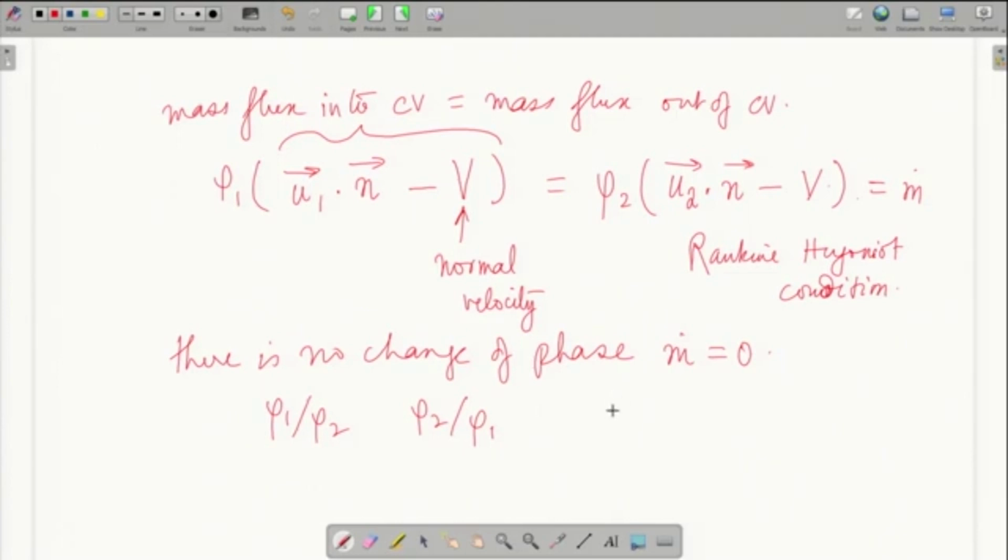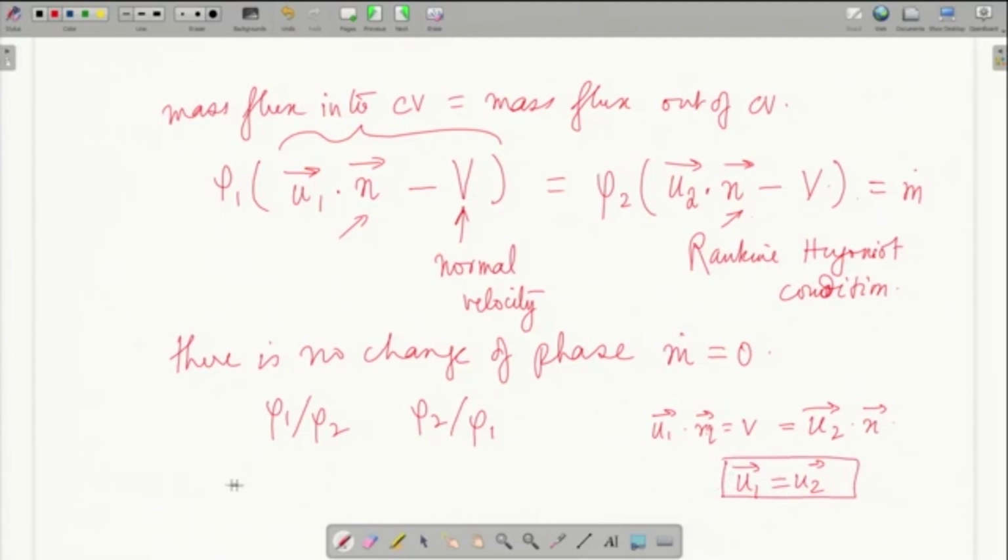That is possible only if these bracketed terms are individually 0, and that means you have u 1 dot n equal to v, which is again equal to u 2 dot n. Only then can it be possible, and you can then very easily show that u 1 should be equal to u 2 in that case. Only then it is possible.